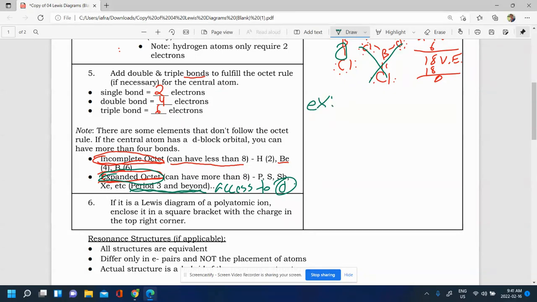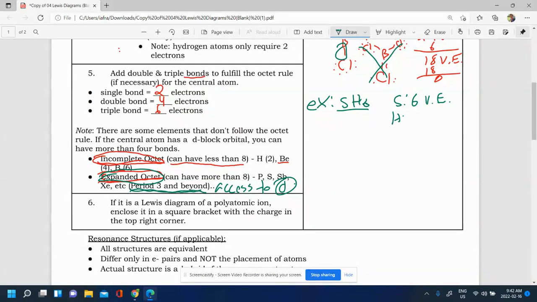Let's do the example of SH6. In SH6, sulfur has 6 valence electrons.